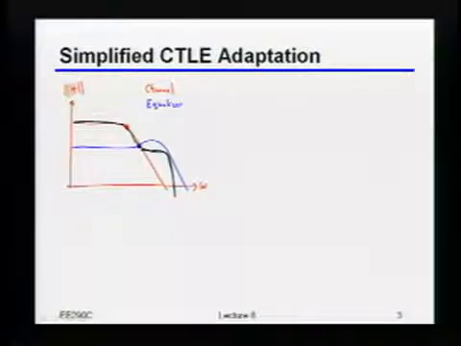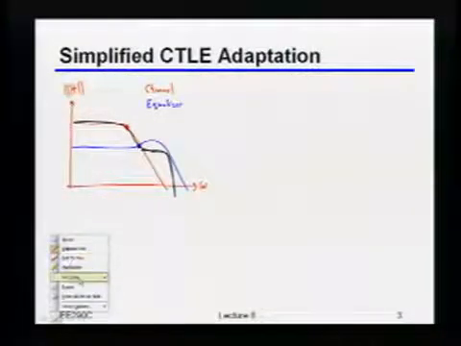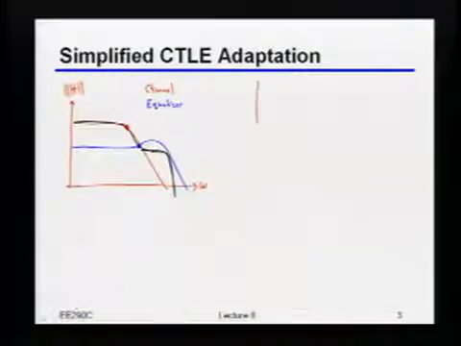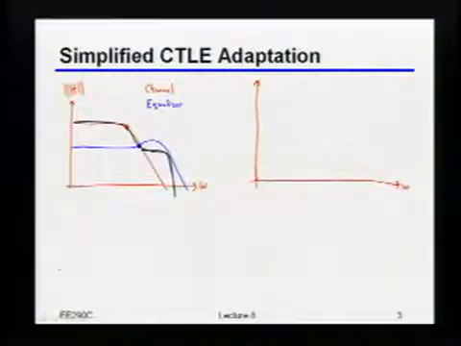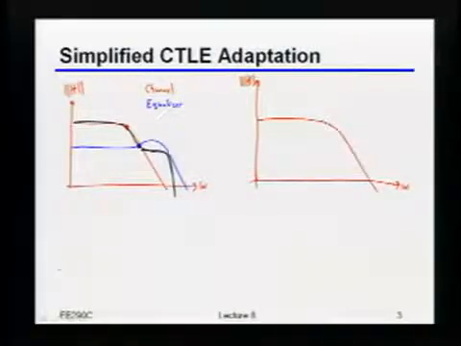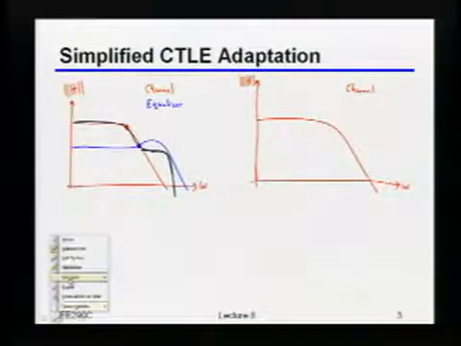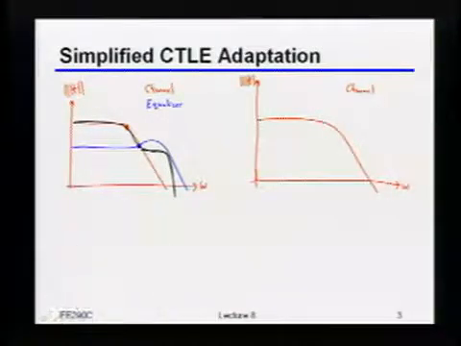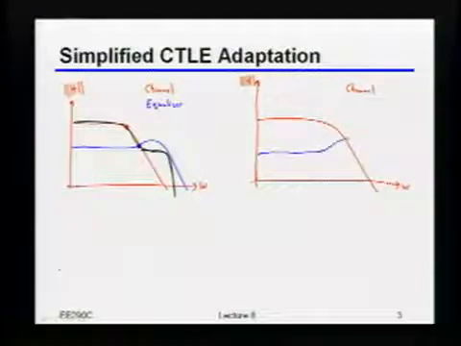Okay? So now what I want to do is repeat the same situation, but draw it under the condition that the equalizer is properly adapted. Again, I'm just going to do some magnitude behavior. This is again going to be my channel. And in blue again, I'm going to do the equalizer, but this time I'm going to put it in the right spot. So the equalizer will now look something like this.